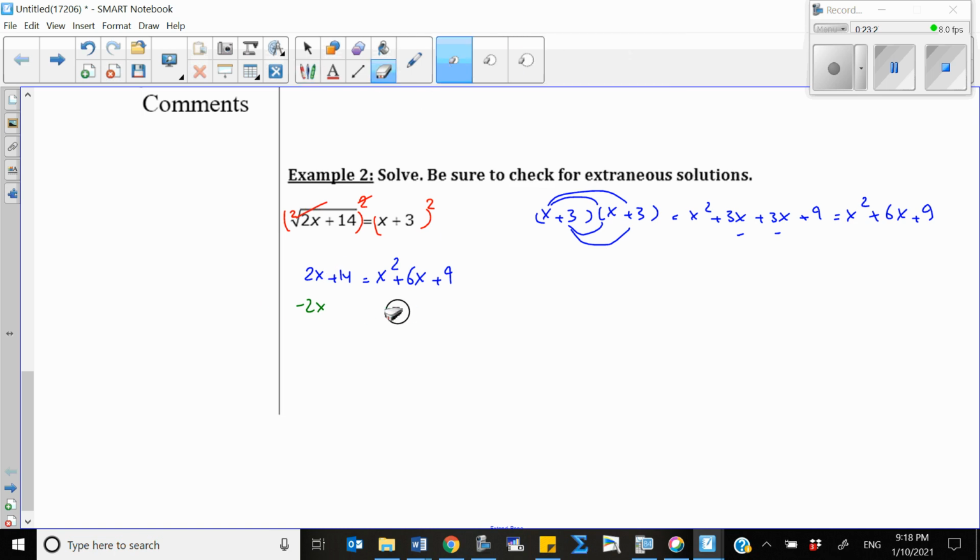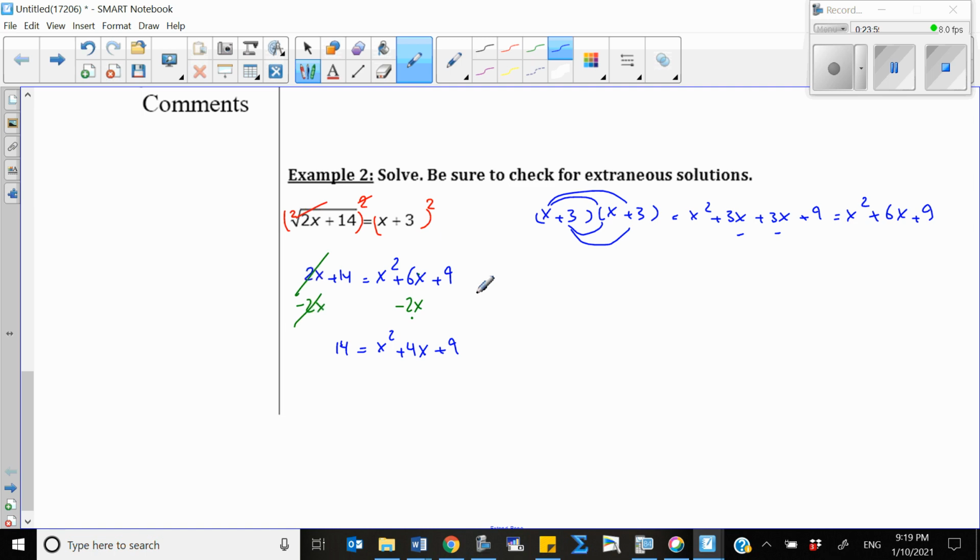So 2x and negative 2x cancel each other, and 6x and 2x will be 4x. So on the left side, we have 14, which I don't really need to write the positive, equal to x squared plus 4x plus 9.